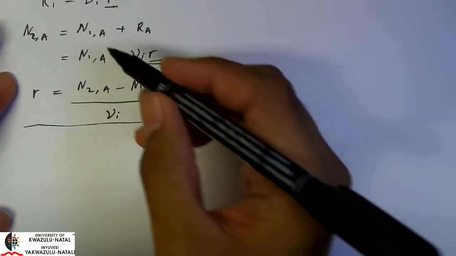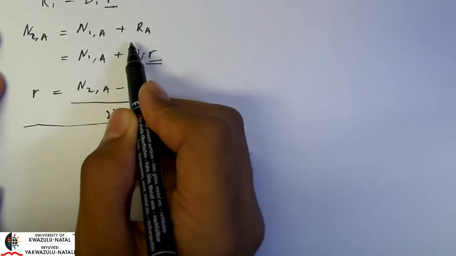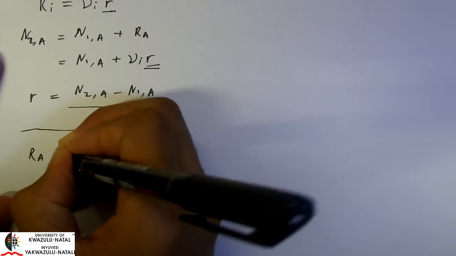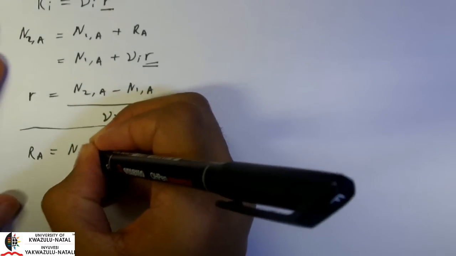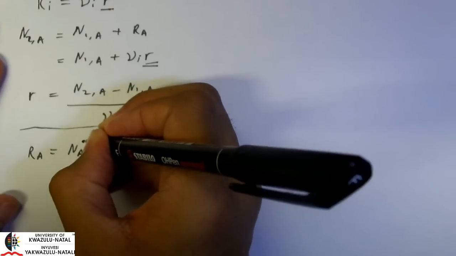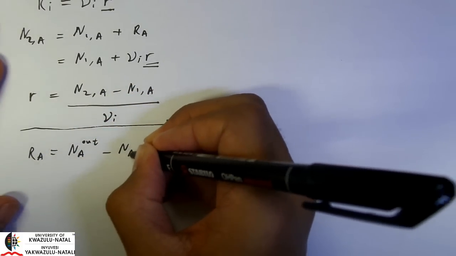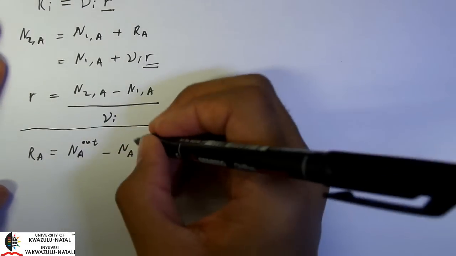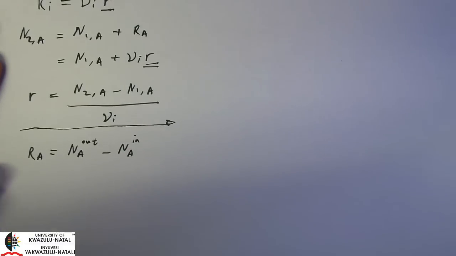We can also rearrange this equation in terms of RA, our production or consumption rate. Okay, and we can see that RA is simply the difference between our component A coming out of the reactor minus the component A coming into the reactor.